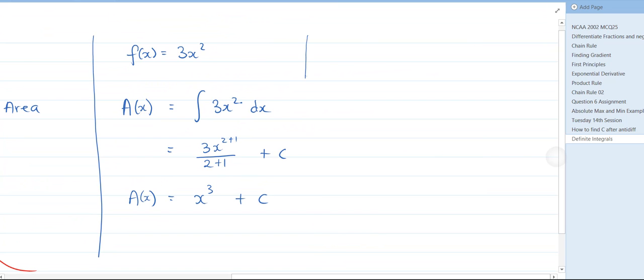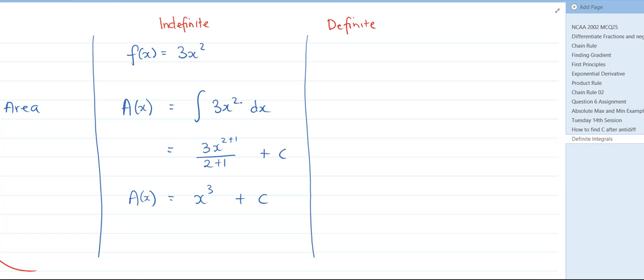Okay? Now, in definite integrals, okay, so this is, I'll just write it again, this is indefinite, this is definite. Definite integrals, same concept. Okay, let's say the same thing, same function is 3x squared, but I want you to find the area between, let's say, x equals 0 to x equals 1.